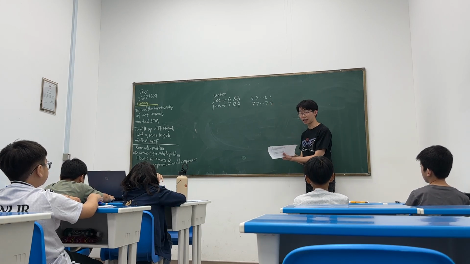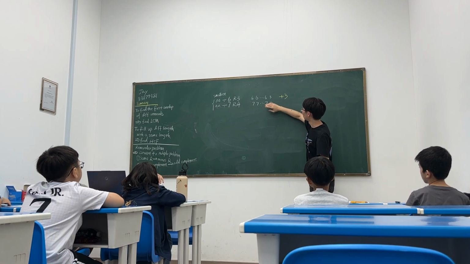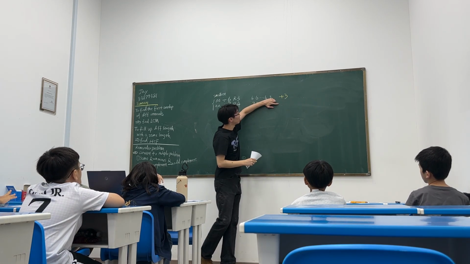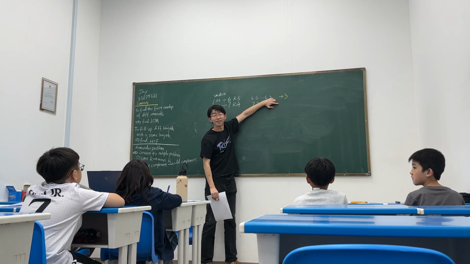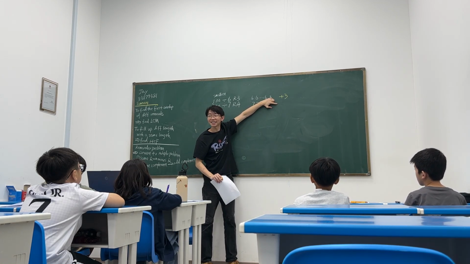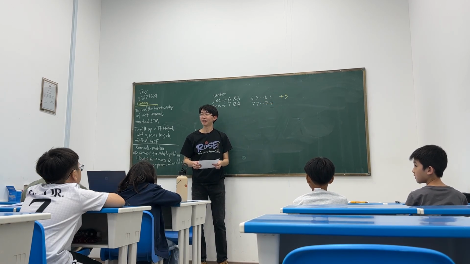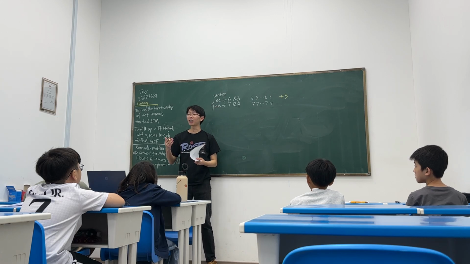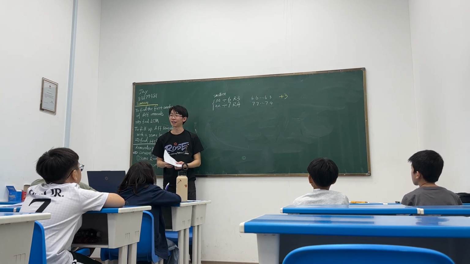So if you plus 3 to this number, is it a multiple of 6 now? Yes. Then how about, is it a multiple of 7? Also yes. So after plussing 3, the number is a multiple of 6 and 7.